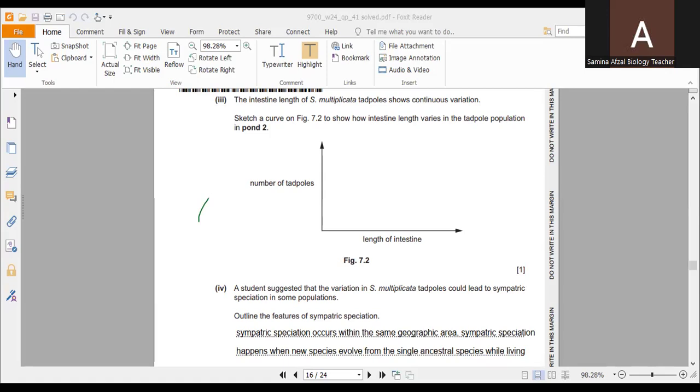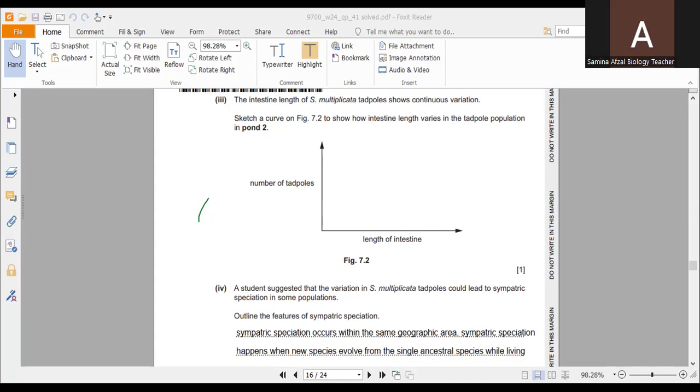So sketch a curve on figure 7.2 to show how intestine length varies in the tadpole populations in pond 2. Here I would like to say that the type of stabilizing selection is there. And the stabilizing selection favors the average phenotype, which is the intermediate intestine length in this case, and selects against extreme variations.